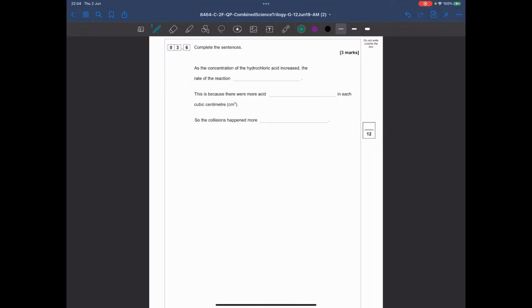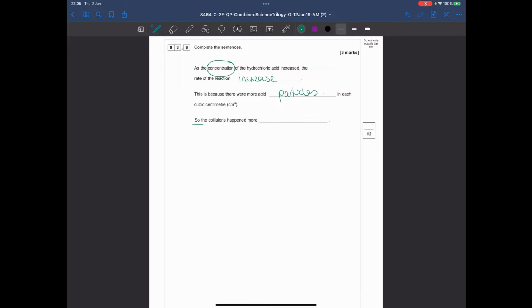Question 3.6. As the concentration of hydrochloric acid increased, the rate of reaction, so we're using our common sense here, if you increase the concentration, the rate of reaction would also increase. This is because there were more acid blank in each cubic centimetre. Or if you've got a higher concentration, you would have more acid particles in that given volume.